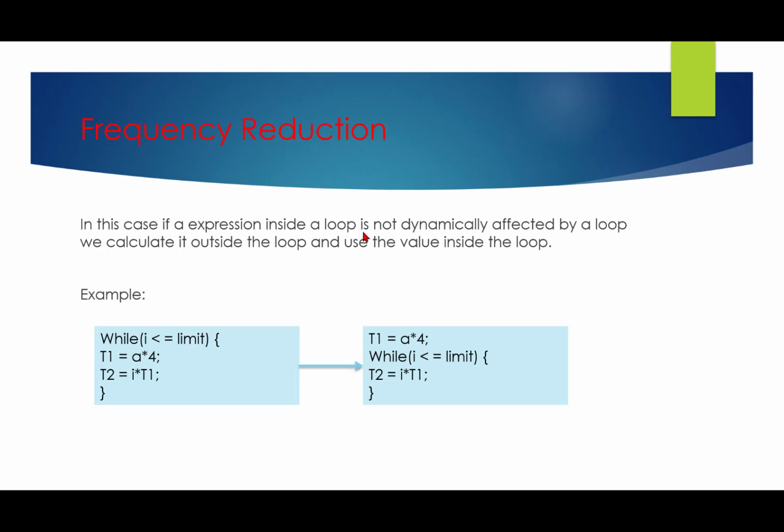The line t1 equal a star 4 is the same in the whole loop. So we move it outside and write t1 equal a star 4, while i less than or equal limit, the statement of while is t2 equal i star t1.